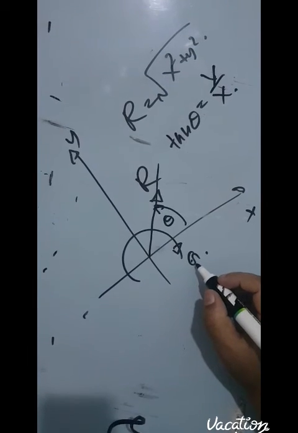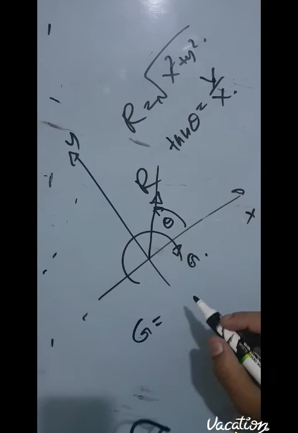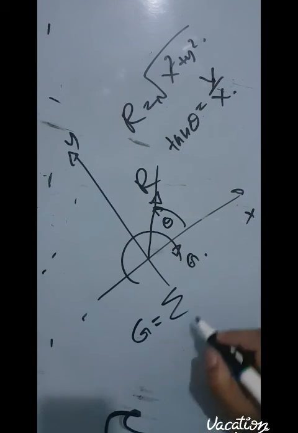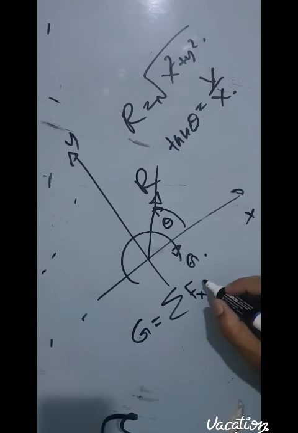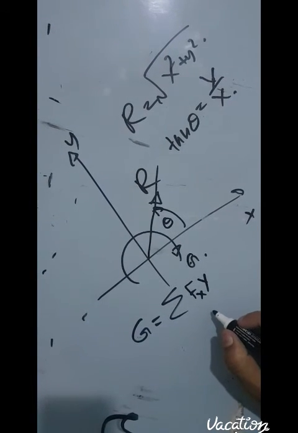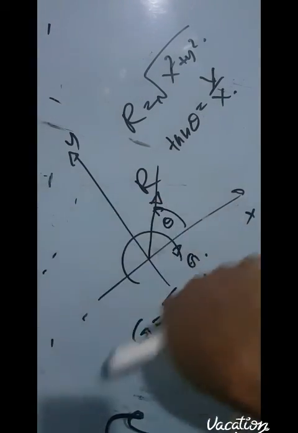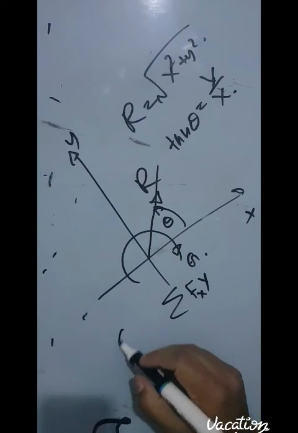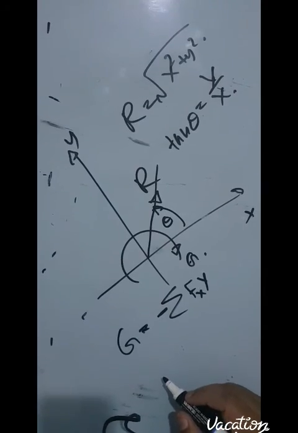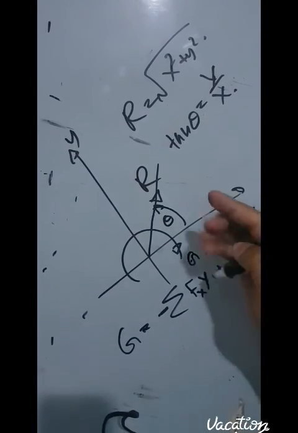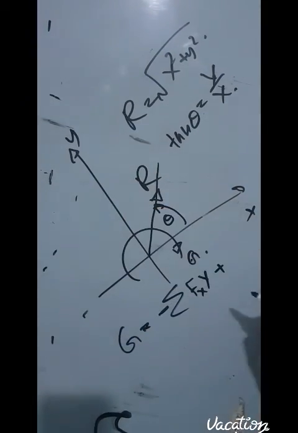What about the couple? The couple is given by, as you have seen in the beginning of the video, all the Fx into y components, right? So this will give a clockwise moment. So I will write it as negative, and all the y components Fy into x, that gives you anti-clockwise moment.